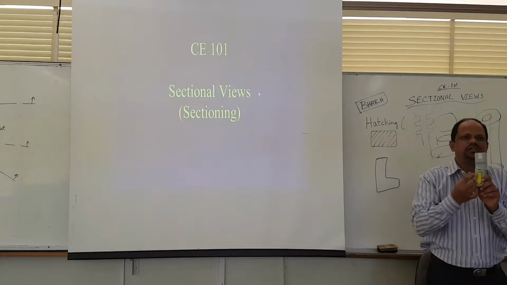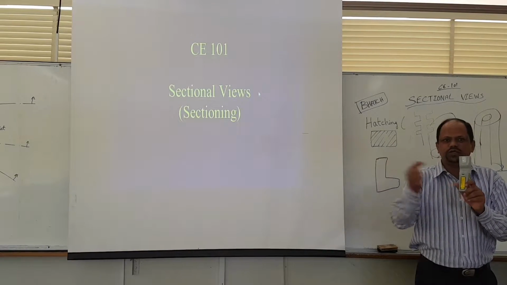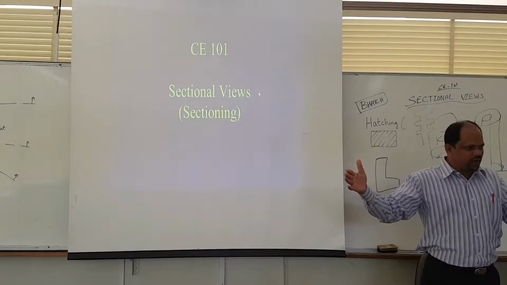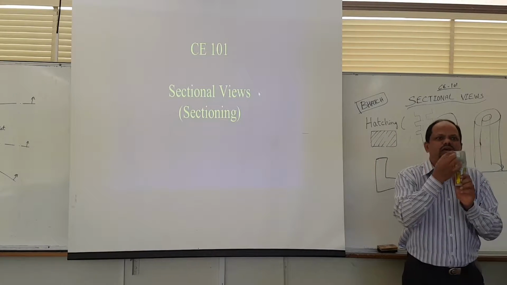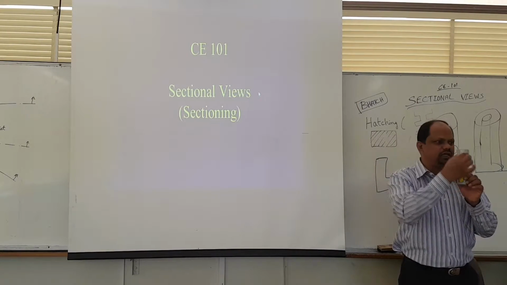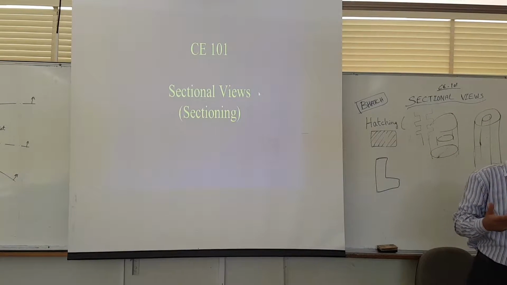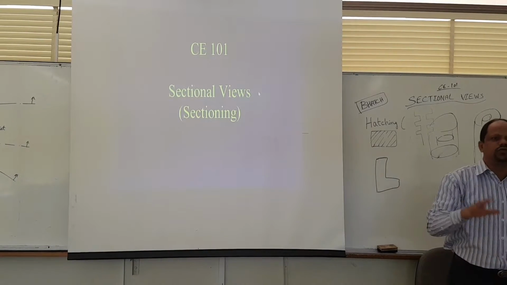Each part is different: one is a capacitor, one is a battery, another is a condenser, another could be a resistor, so many things. Similarly, imagine a larger machine. If you open it, it consists of many parts. So every part has to be detailed and documented correctly. If you don't have that, you cannot repair it, for example. So in all those things, sectioning or the sectional view will help.